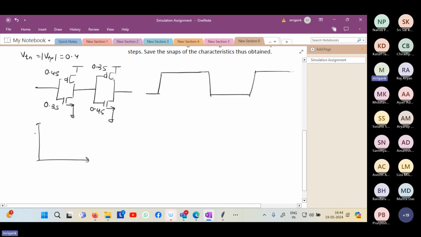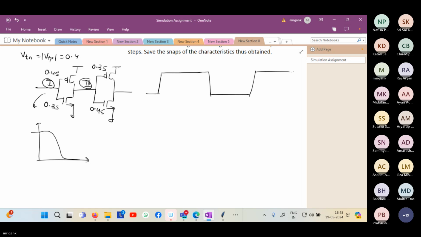For the first inverter, if this was the nominal curve, how is that shifted? This is inverter 1, this is inverter 2. For the first inverter, how will the characteristics shift? It shifts towards the left, right? Because the NMOS is stronger.